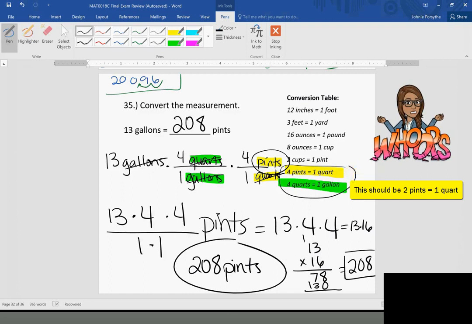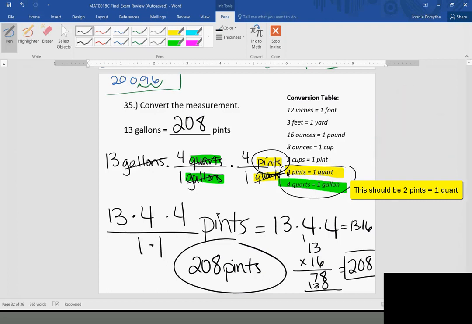I typed those conversions wrong. I apologize. This should actually be 2 pints equals 1 quart. So this number should be a 2. That means this would be a 2, and this would be a 2.